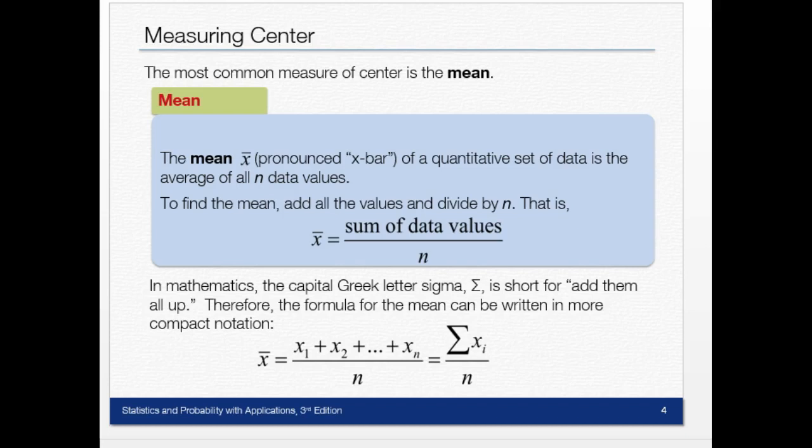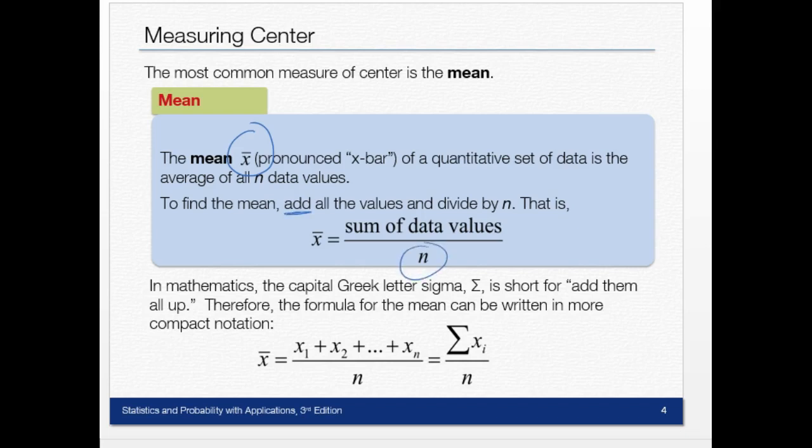Now, mean is the most common measure used for center. For the mean, we use the symbol x bar, pronounced "x bar." The mean of a quantitative set of data is the average of all data values. To find the mean, you add all the values and divide by the number that you have.